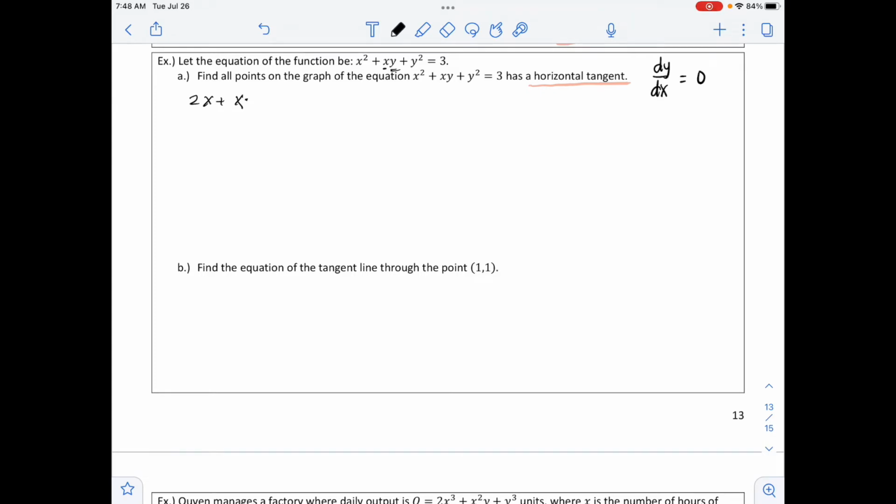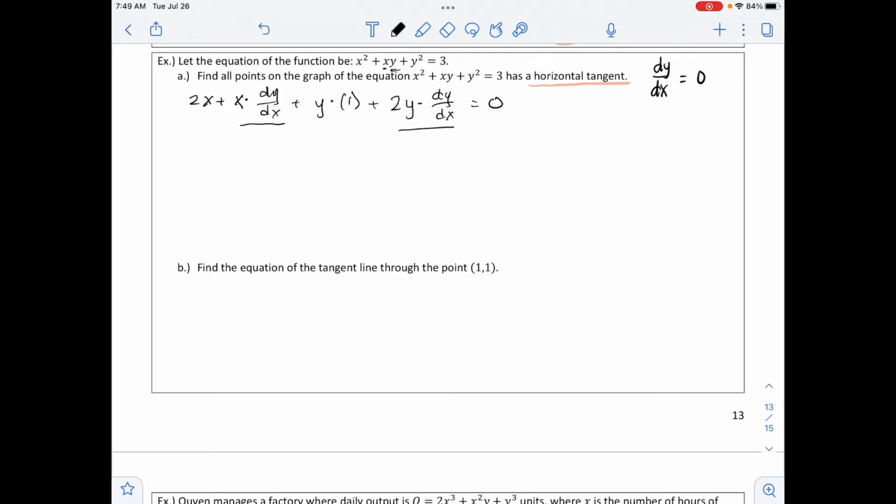But then you have to do dy dx plus the second one, which is y, times the derivative of x, which is just 1. Plus the derivative of y squared would be 2y times dy dx equals, and the derivative of 3 is just 0.